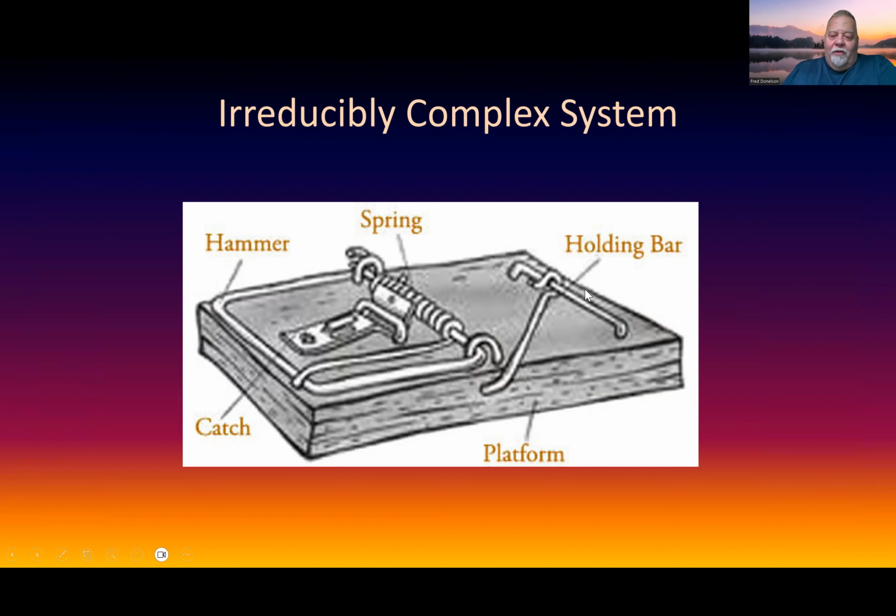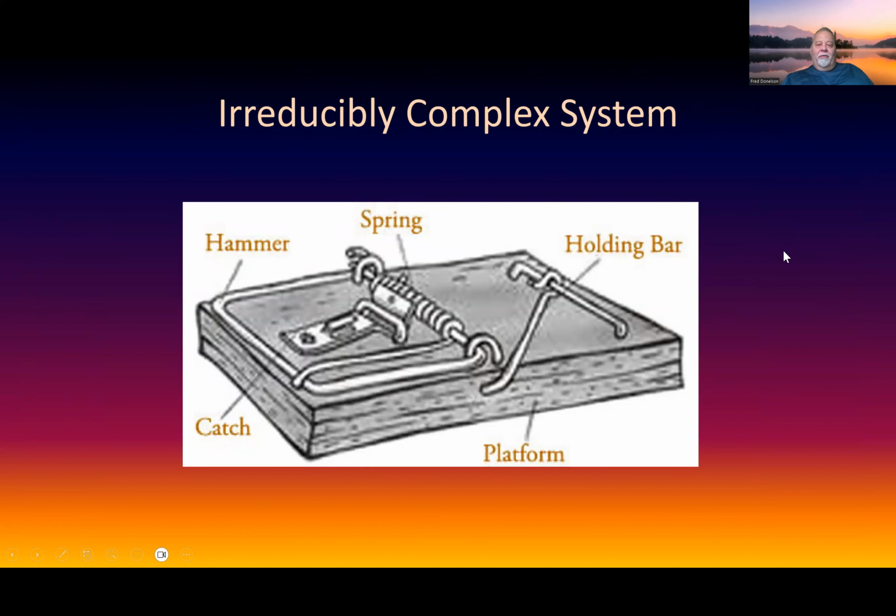And of course, if you take any one of these pieces out, the mousetrap doesn't work. If you take away the catch, there's no triggering device. If you take away the spring, there's no way for the hammer to go. If you take away the platform, they're all just going to be laying on the floor and nothing's going to happen. It's an irreducibly complex system where you have to have all the parts present all at once.